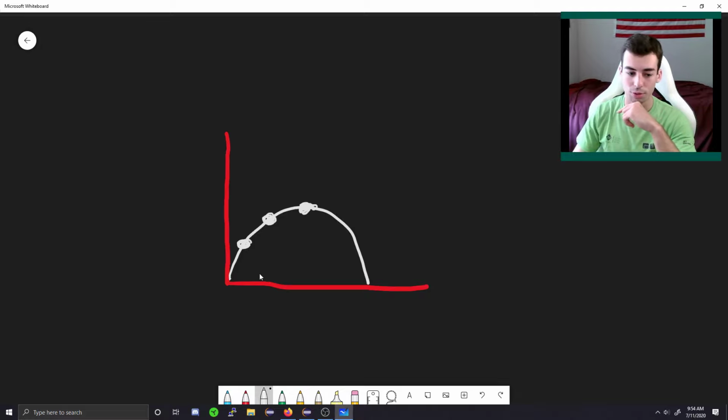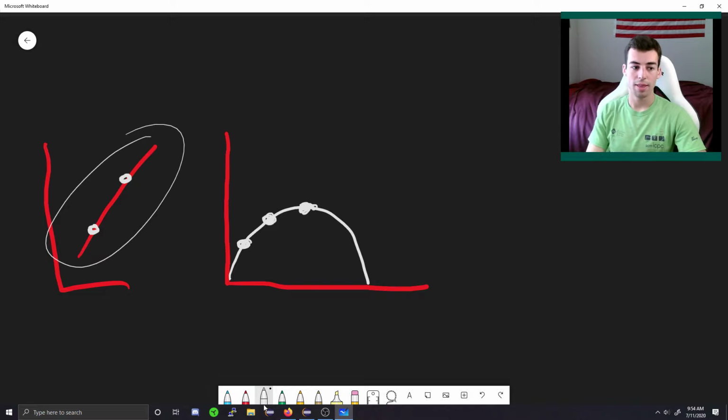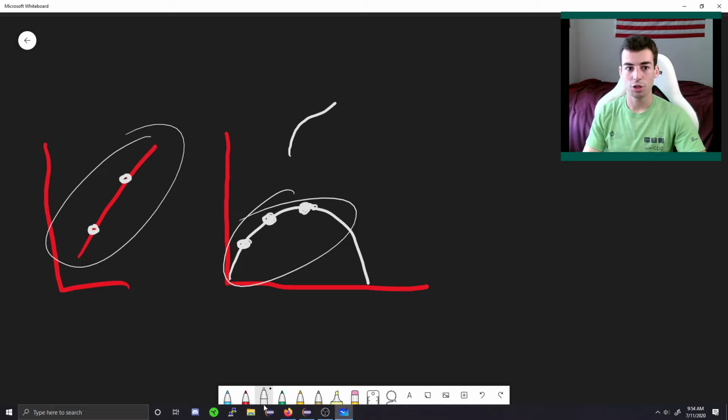And similarly, if you're given some line, if you're given 2 points on the line, there's obviously only one line that goes through those 2 points. So you can figure out what that line is. You can figure out what this parabola is. If you have some cubic function and you're given 4 points on it, then there's only one cubic function that goes through all of those.